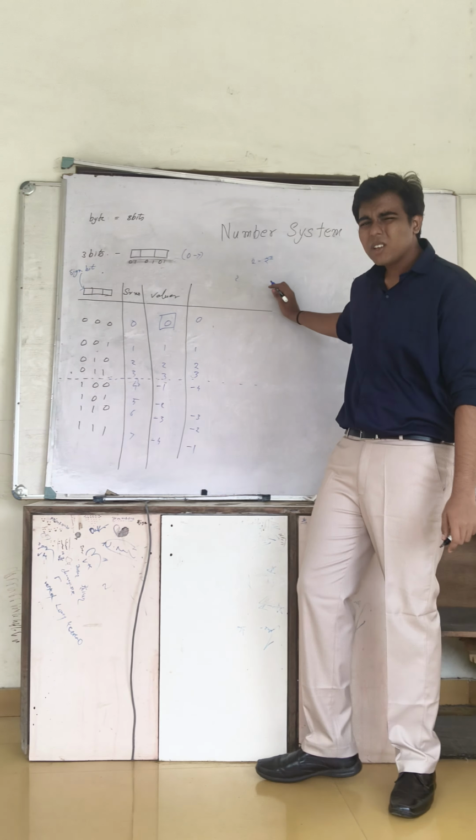Before erasing the table, I should have derived the range, right? So our original 3-bit system could hold values of 0, 1, 2, and 3, right? And in the negative scenario, it could hold negative 1, negative 2, negative 3, and negative 4.